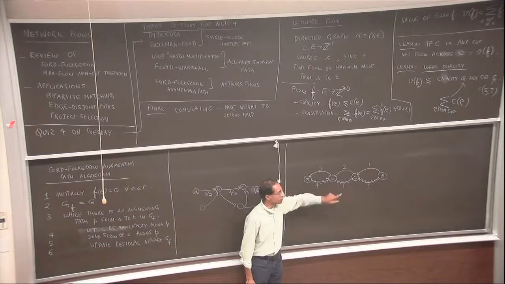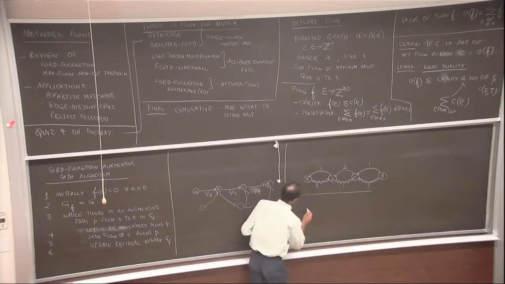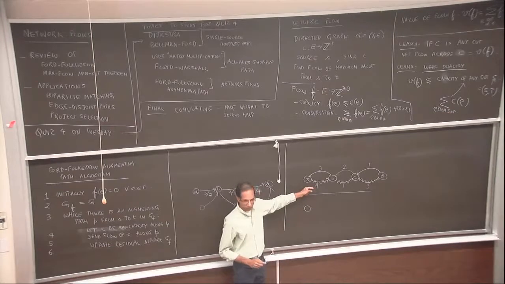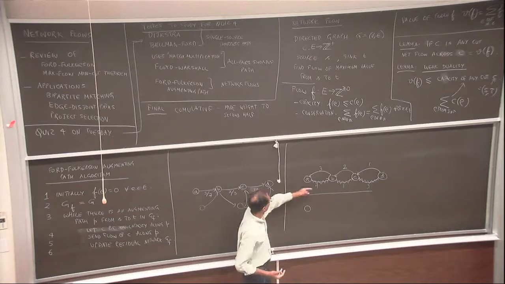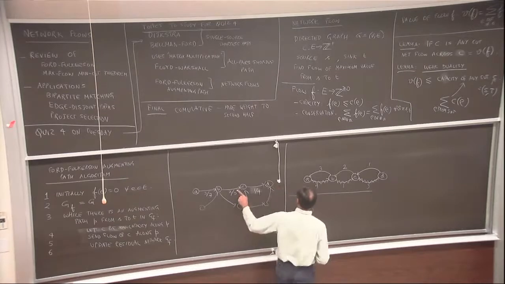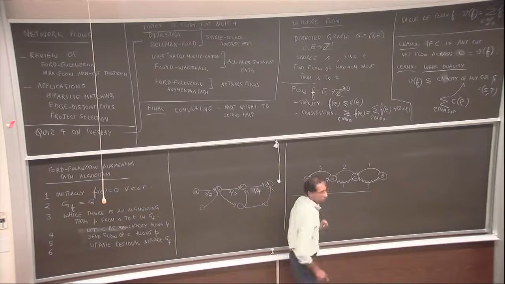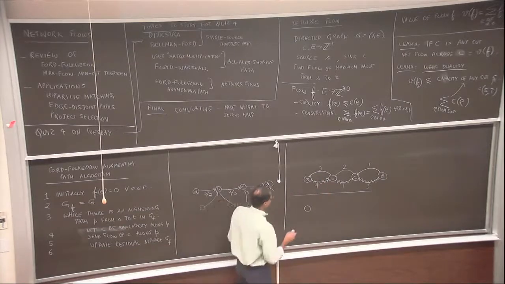Okay? So if you were to send 1 unit of flow in the residual network, how will you update it? You will increase the flow along this edge to be 4, increase the flow along this edge to be 3, increase the flow along this edge to be 2. So you will update your flow f, and you will update your residual network.